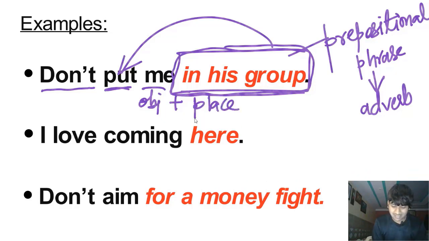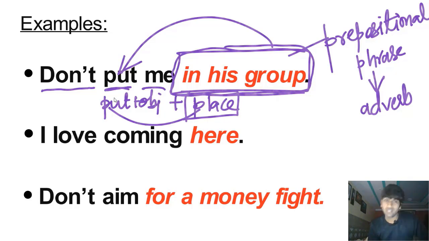So this place is essential to the meaning of the verb put. All right. So the place has to come after the object of the put. Don't put me where? In his group. Can you put this bottle where? On the shelf or on the top of the ladder or whatever. All right, it has to be put somewhere.